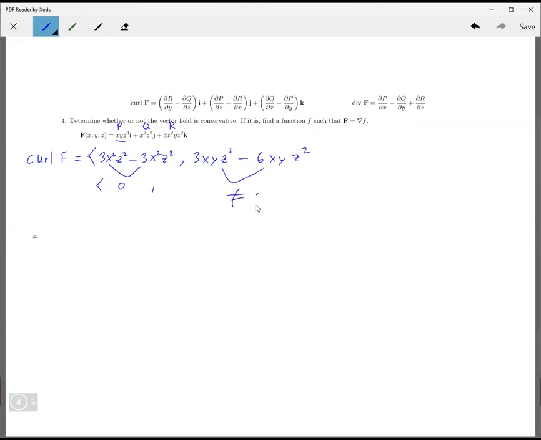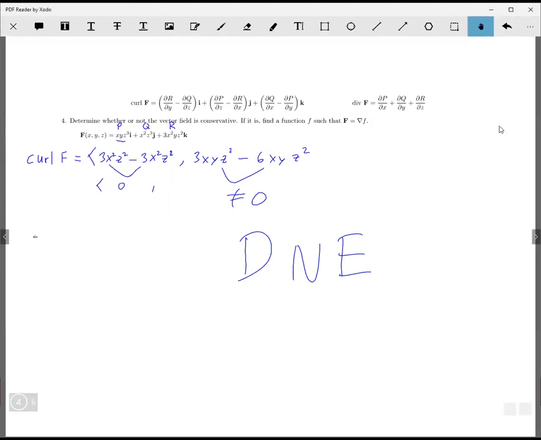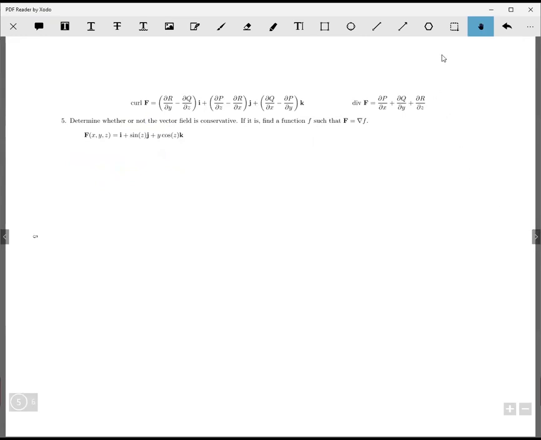So that means a potential function does not exist. Not conservative. Go home. The baseball game got rained out. Okay, so D and E. Okay, so number 5.